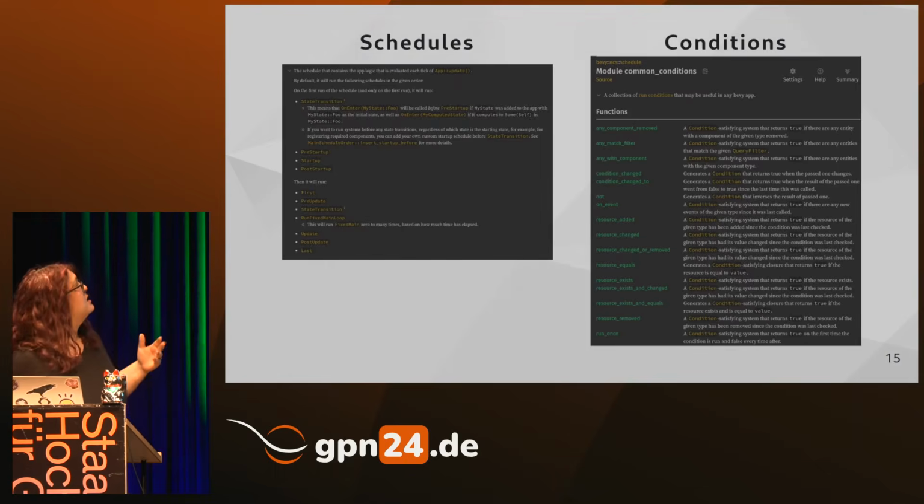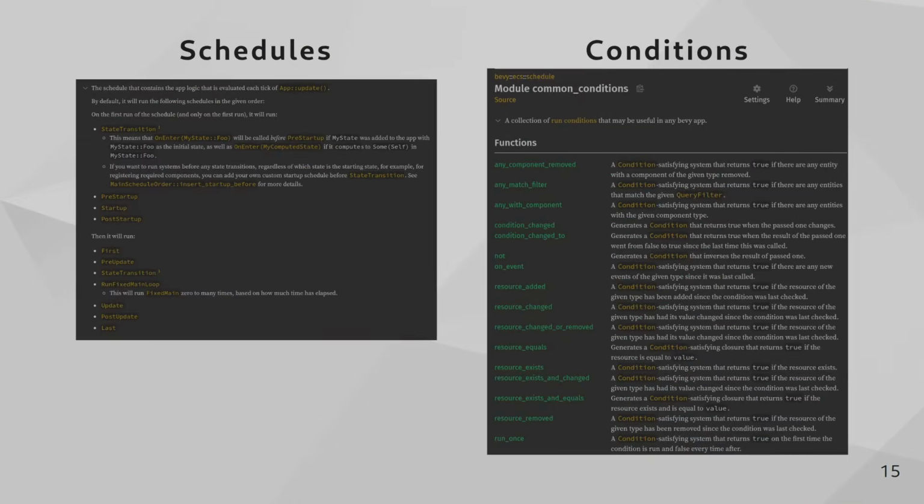So we talked a little bit, sorry this is small, if you go into the Bevy docs you can see more. We talked a little bit about those schedules, and we're going to talk a little bit in the future about conditions. Schedules are how you sort of determine when your systems run. Update is every frame.